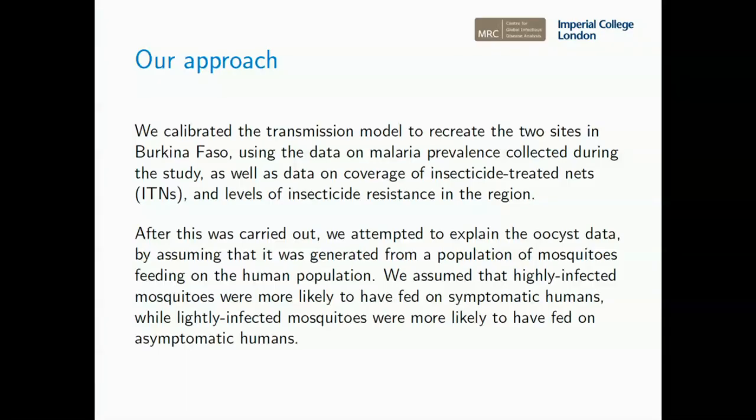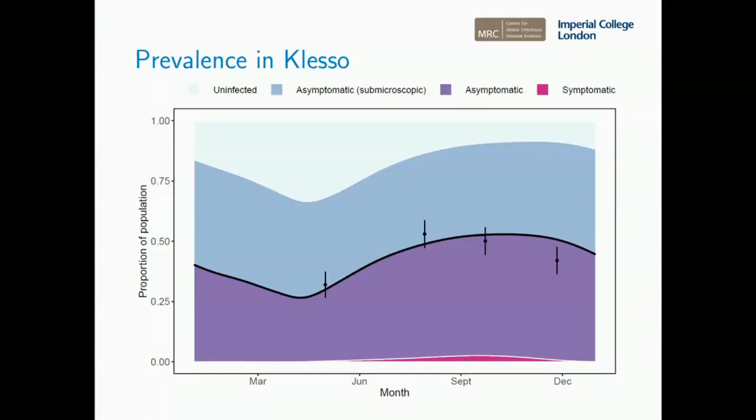It's probably simpler if... so here, for one study site, we have the prevalence data collected at 4 time points during the year. Firstly in the dry season, then at the peak of the transmission season, and then at the end of the transmission season.